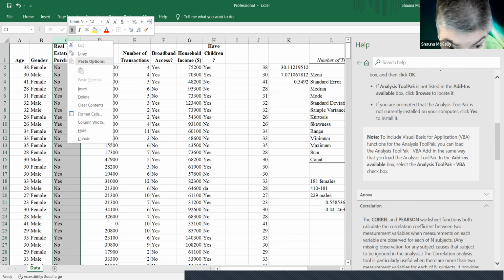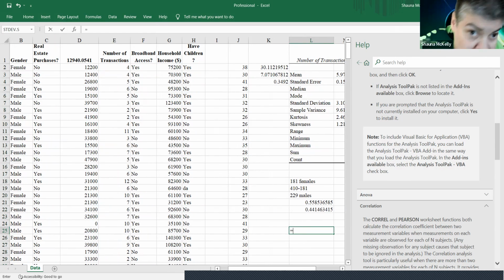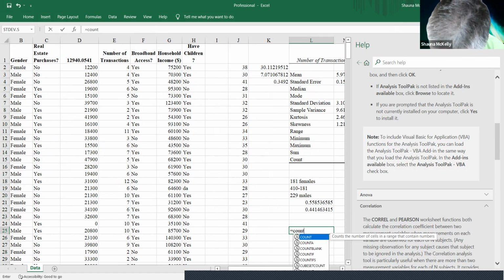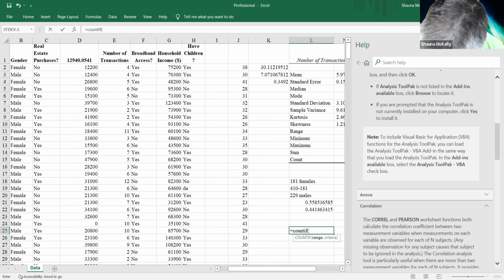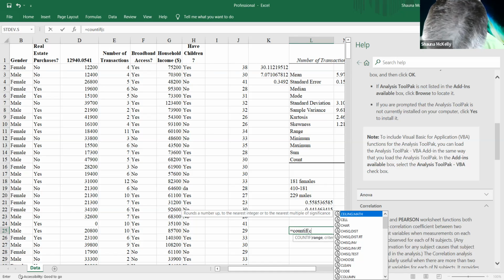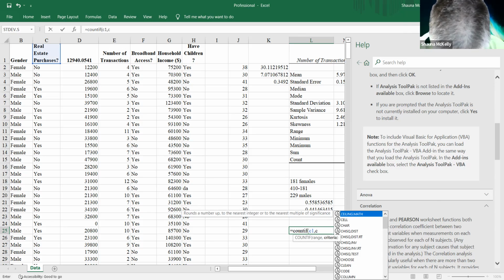And then you want to count the number of, so we would do something like equals COUNTIF, and then you're gonna have from C1 to C411.